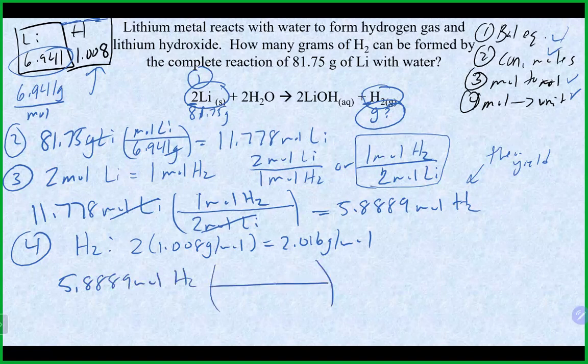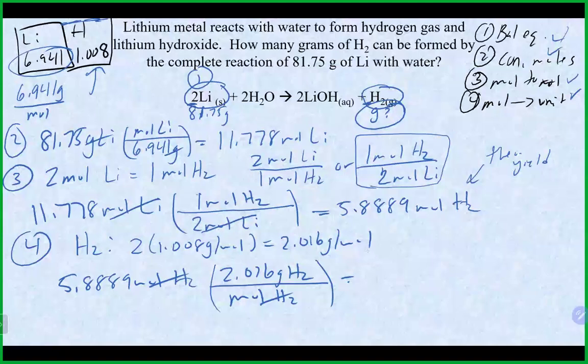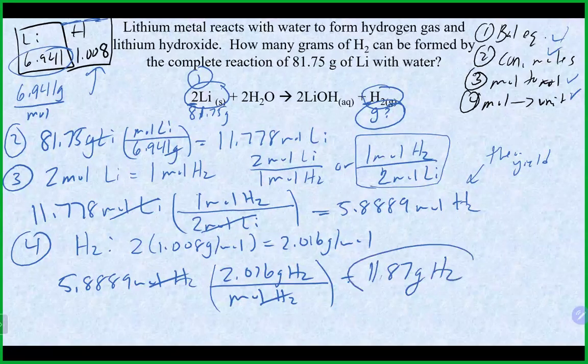Opposites cancel, so moles on the bottom here and grams up on top. They cancel, and that's going to get us back to 11-ish, I think. 11.87 in this case, grams of H2, which would be our theoretical yield in grams.